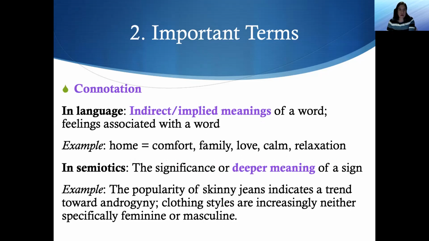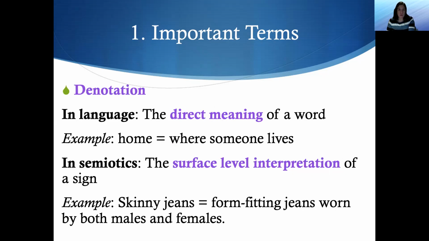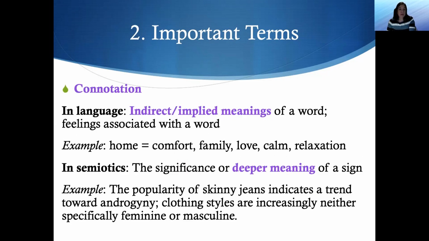The term that goes along with denotation is connotation. In language, that just means the indirect or implied meanings of a word or the feelings associated with a word. So home, we said, direct meaning is it's where someone lives. The associated meanings might be comfort, family, love, calm, relaxation, all those good things.